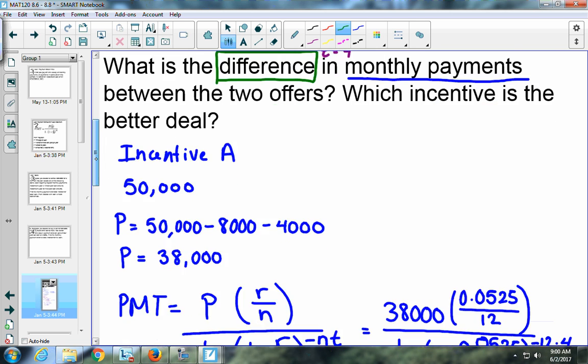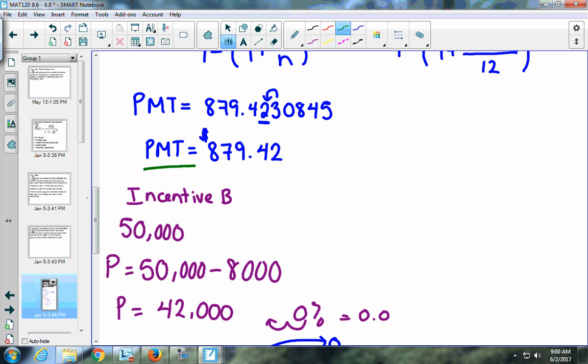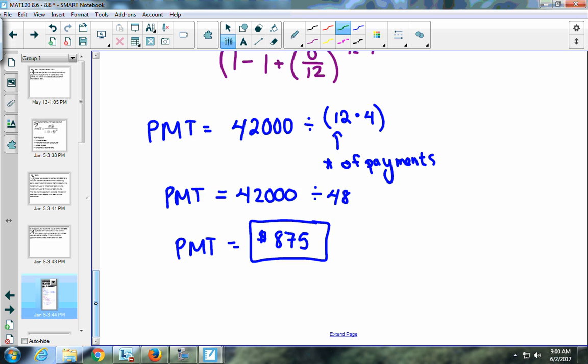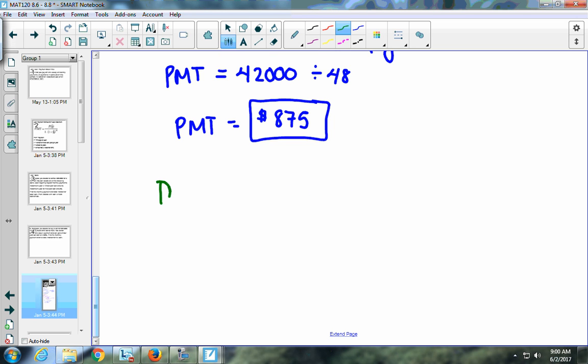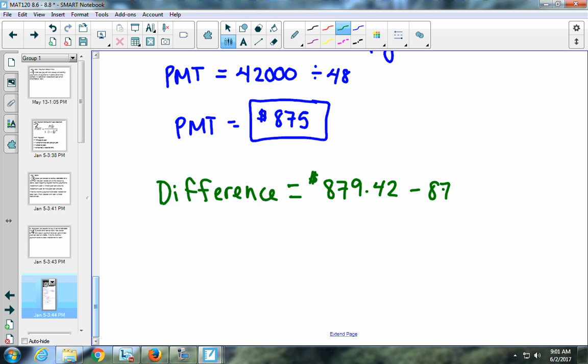So what I'm going to do is take my first payment, because it's larger, $879 and 42 cents, minus $875. We find that the difference in monthly payments is $4.42.